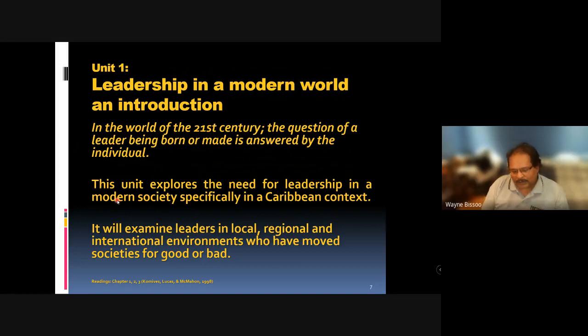What was noticed was that there was a distinct breakdown of leadership, and especially leadership with good ethical values. So there was a need for us to look at leadership style and leadership development in the Caribbean context, regionally and locally in particular, because it appeared as if the leaders that surrounded us were not the best examples of what leadership should look like.